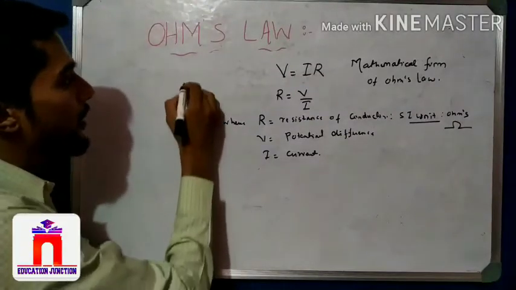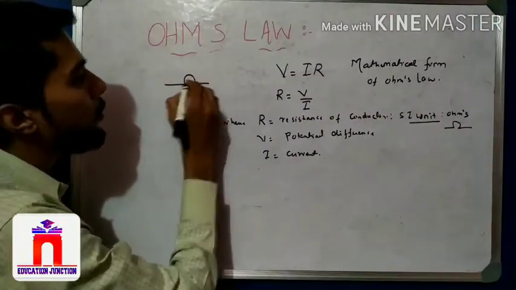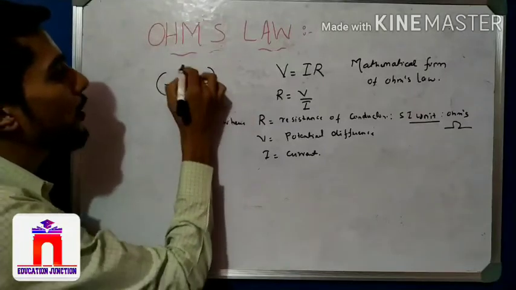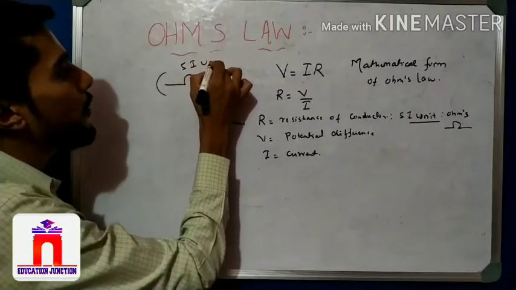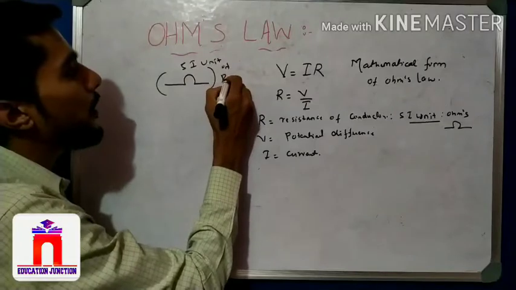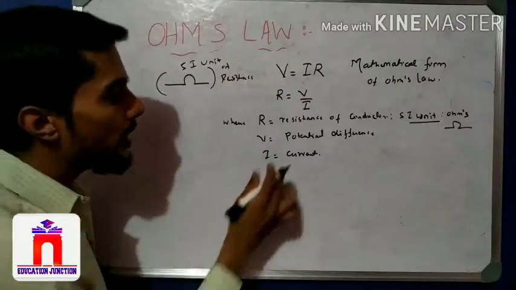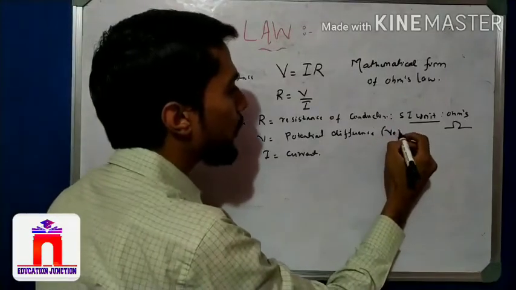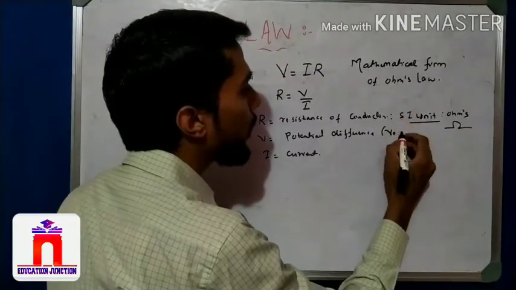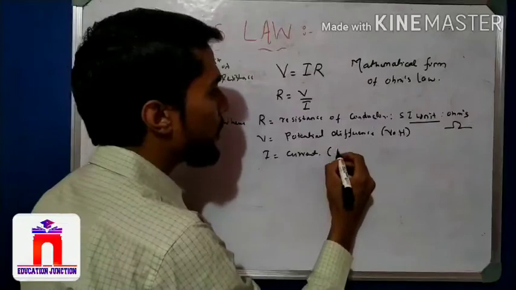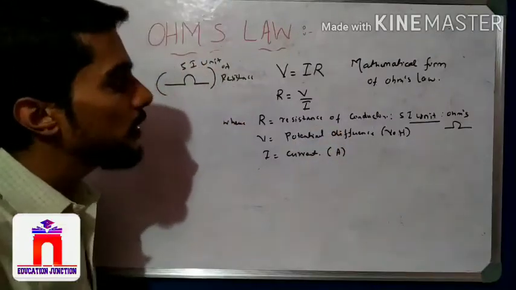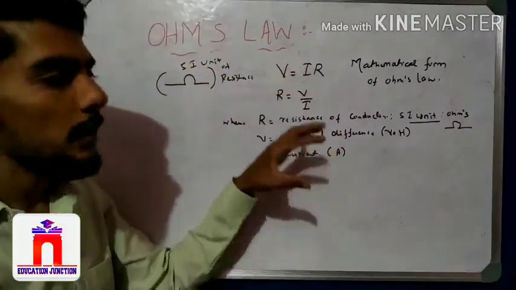This ohm symbol is for the SI unit of resistance. So what is the SI unit of potential difference? It is the volt. We know about that volt. And what is the SI unit of current? It is ampere. Right? These are some important points about Ohm's law.